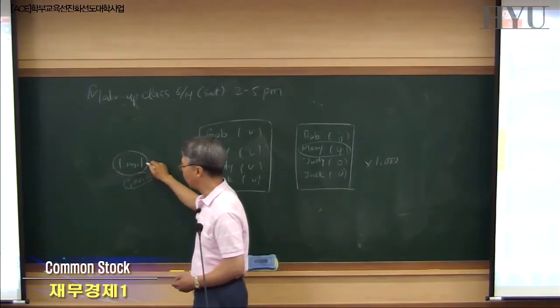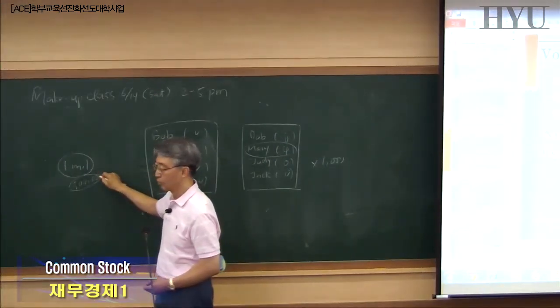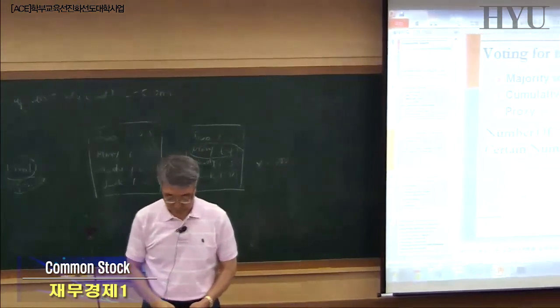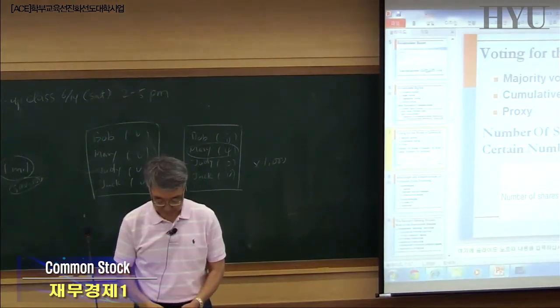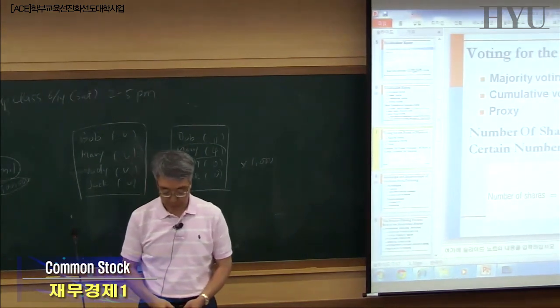So instead of the 1 million outstanding shares, you should use the actual number of shares participating in the vote. So that should be the number of shares participating in the vote, divided by the number of directors being elected plus 1, the whole thing plus 1.